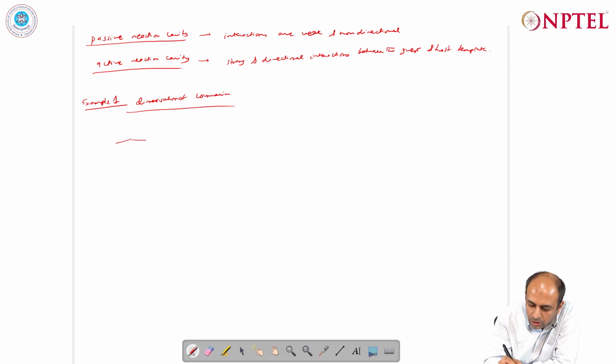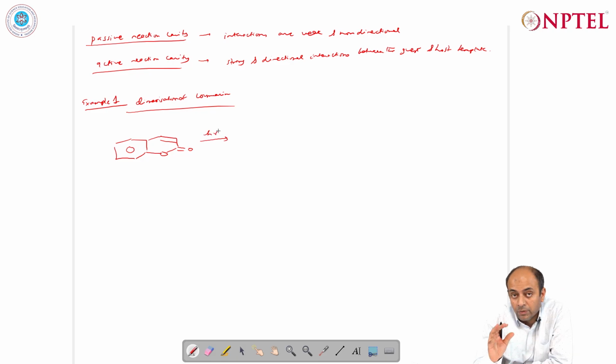Coumarin, as you see from the structure, this is coumarin. If you look at the crystal structure and the orientation of the coumarin molecules, on photo irradiation in the crystal, no photoreaction takes place, so it is a photostable molecule.